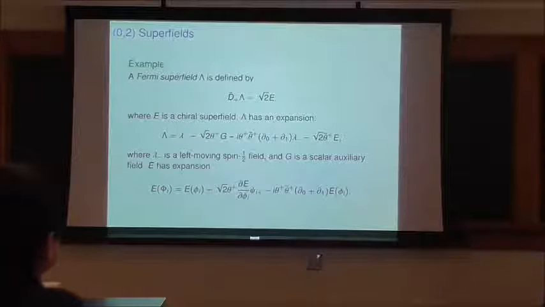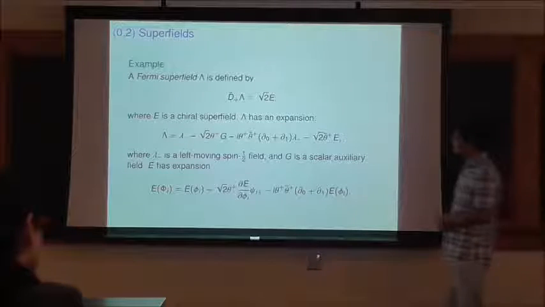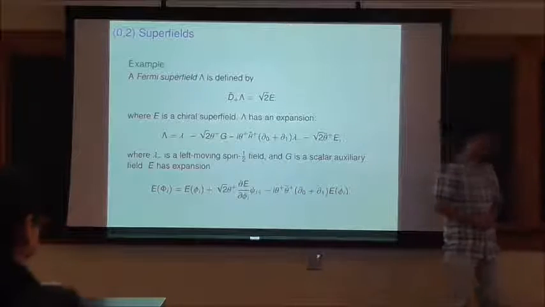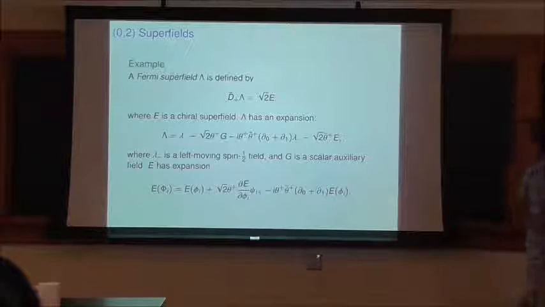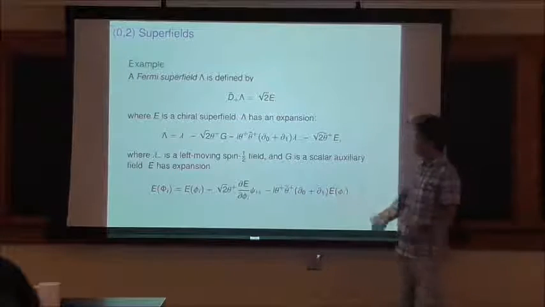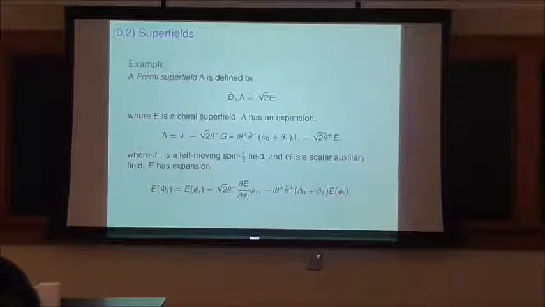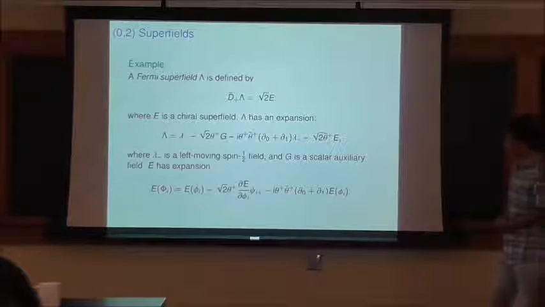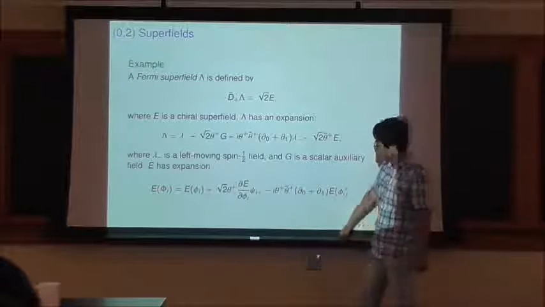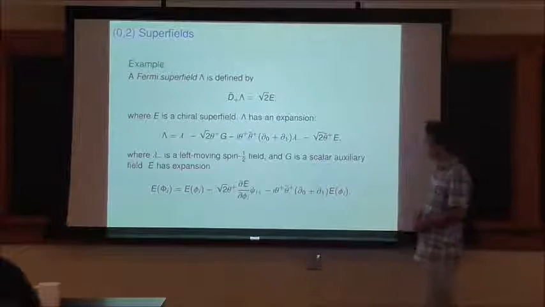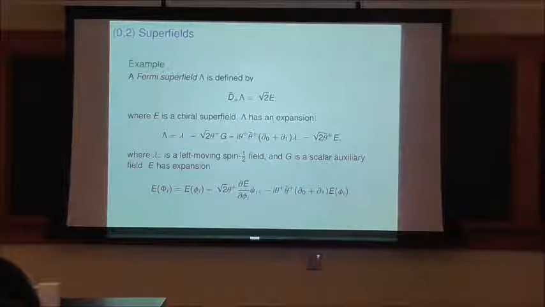In particular, this E can be a holomorphic function of all the other chiral superfields in your theory, so it can be expanded this way. So a Fermi superfield provides the interaction terms for (0,2) gauge theories via this E term. Here, this term will generate Yukawa couplings between the chiral superfield and the Fermi superfield. So this is a special type of superpotential you have in (0,2) supersymmetry.